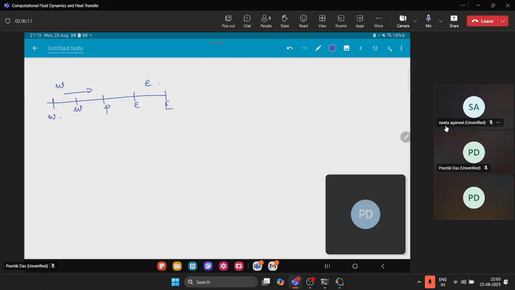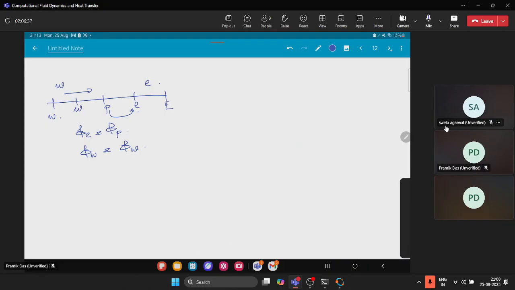what happens is that phi e becomes equal to phi P, this gets projected to this, and phi w is equal to phi W. Okay, so my equation looks like Fe phi e minus Fw phi w equals gamma d phi dx at east minus gamma d phi dx at w.